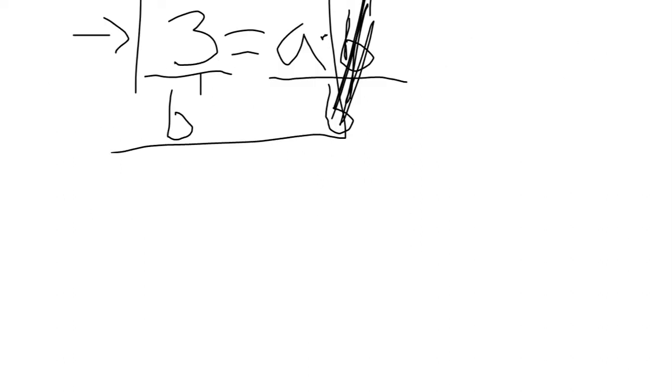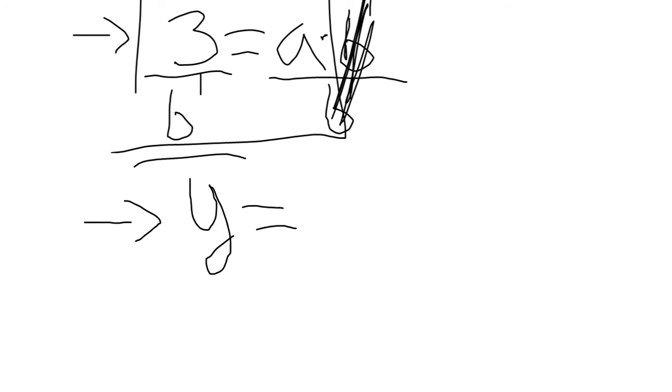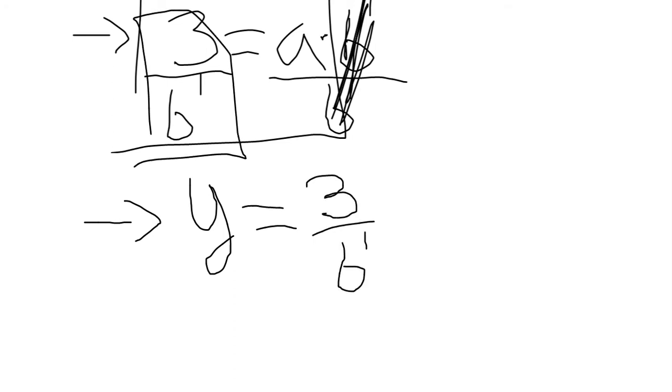Now that we've got this equation for what a equals, we go back to the beginning and plug that into the general form. When it's y equals a times b to the x, instead of a we now have the substitution of 3 over b to the first, multiplied by b to the x.